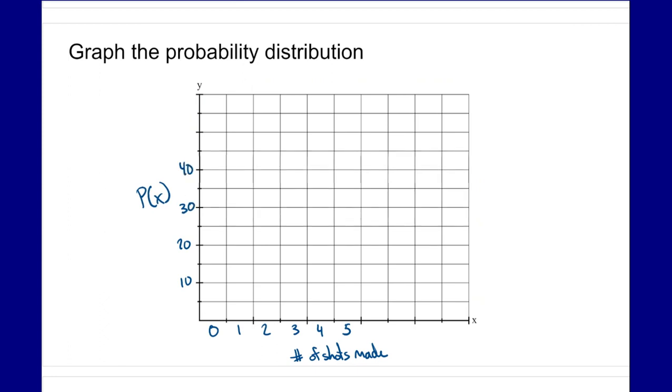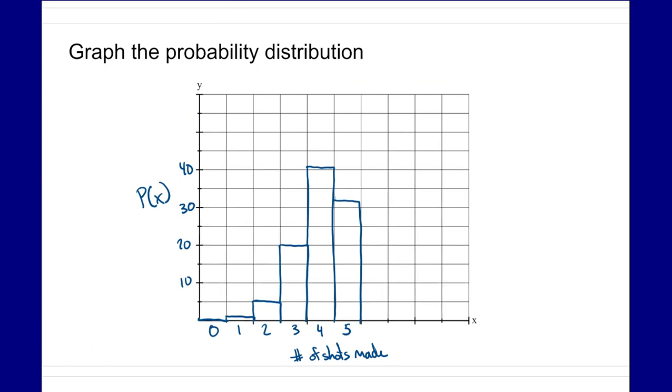So for 0 shots made was less than 1, so we'll just draw a line along the bottom. 1 shot made is 0.64, so a little bit higher. 2 shots is about 5%. 3 shots is about 20%. 4 shots is about 41%. And 5 shots is about 32%.